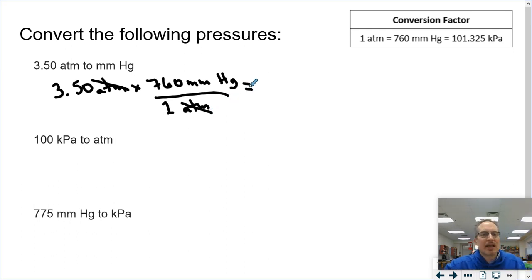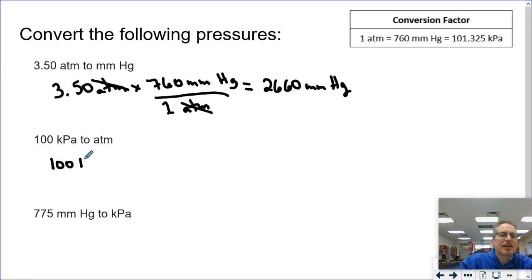So I'm going to take 3.50 times 760, and we're going to get 2,660 millimeters of mercury. Let's try another one. We have 100 kilopascals.